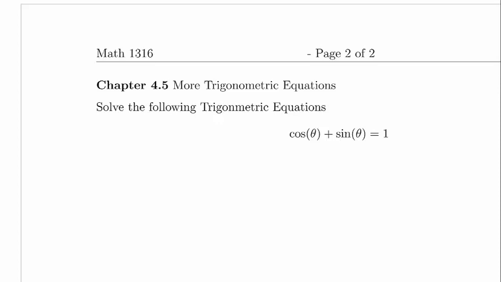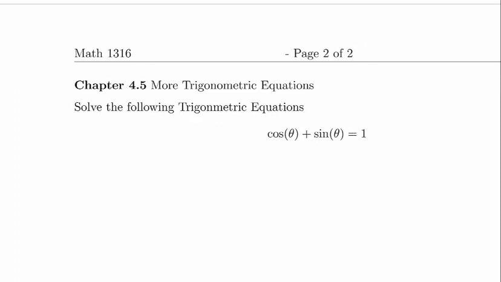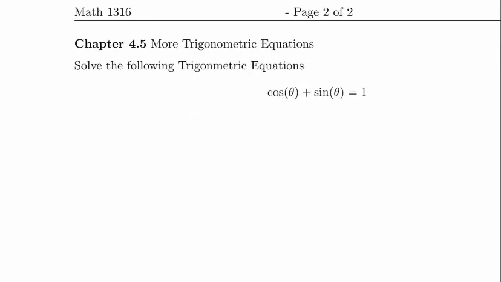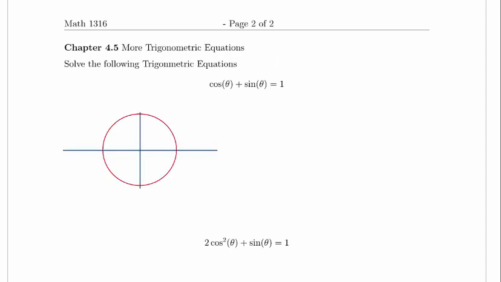But again, we're going to go ahead and take a look at the unit circle. We want to just kind of think about this, right? We're adding the x-coordinate and the y-coordinate on the unit circle. All right, so we want where whenever you add the x and y, you only get 1. This only happens at one spot on the unit circle, and that's right here.